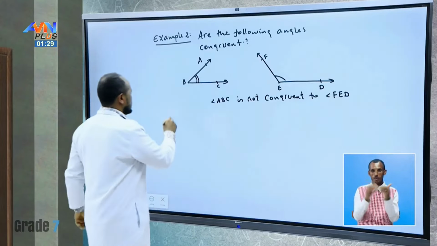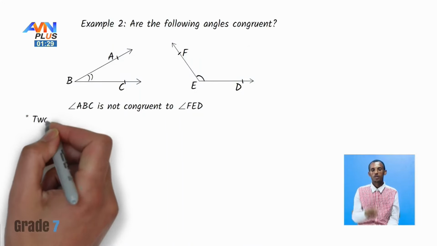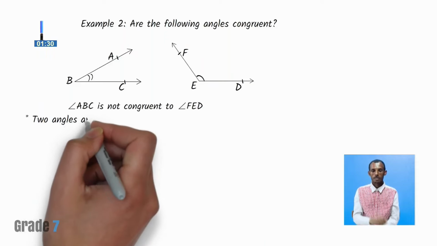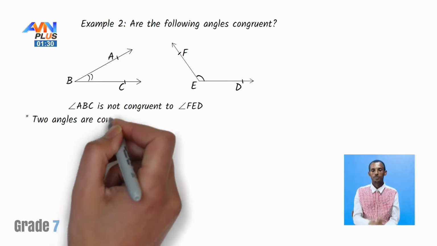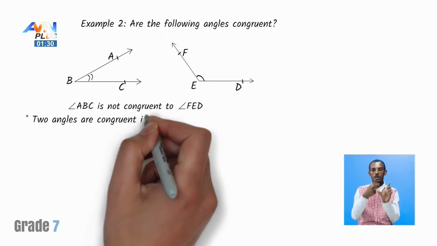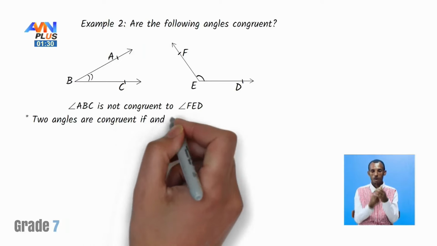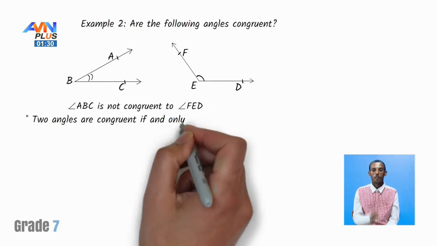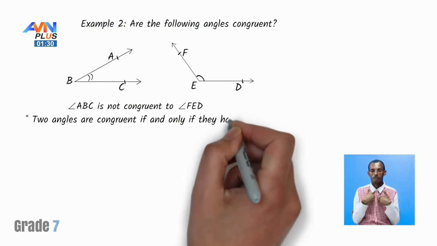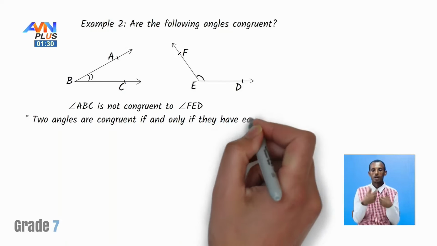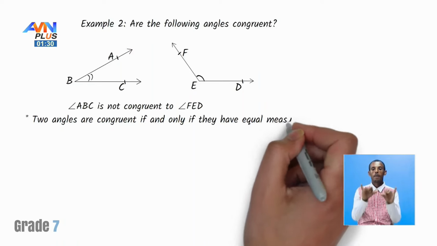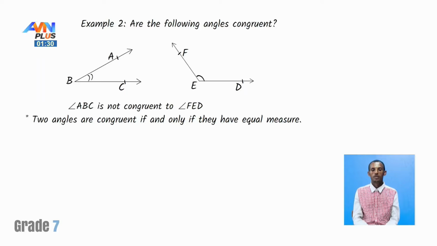Therefore, here, note that two angles are congruent if and only if they have equal measure.